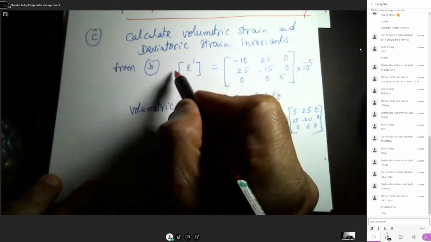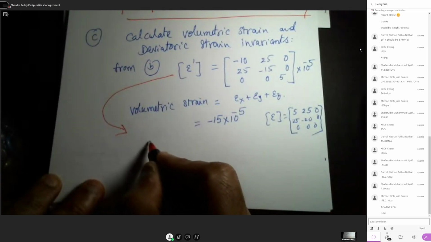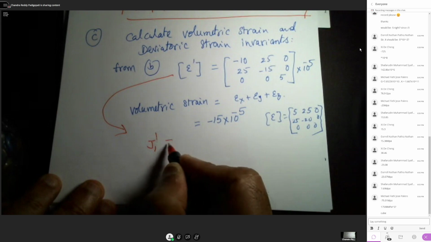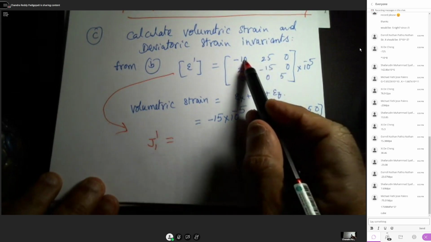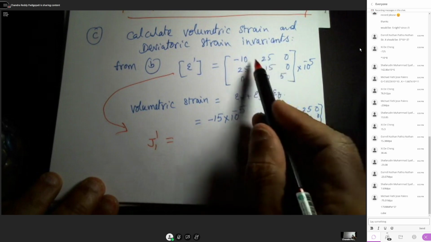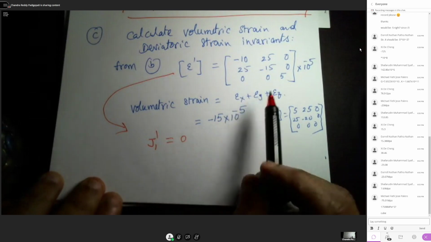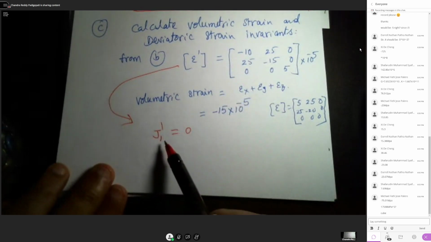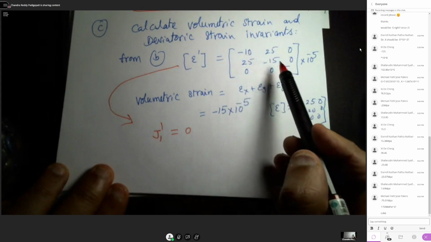From the deviatoric strain tensor, you can calculate the first deviatoric strain invariant, J1 dash. You simply need to add these three. As a rule, the first one, J1 dash, will be 0. So minus 10, minus 15.